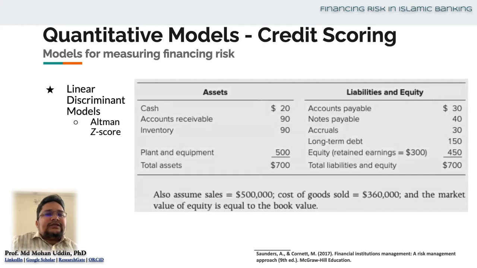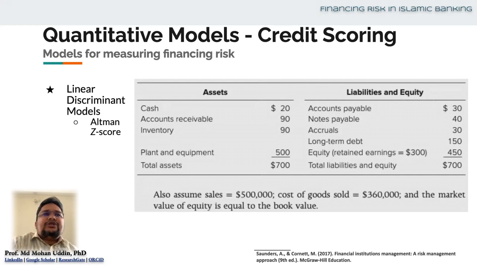So let us look at an example of the application of the Altman Z-score model. You can see that we have got a balance sheet of a financing customer. Total assets are 700, total liabilities and equity are 700.